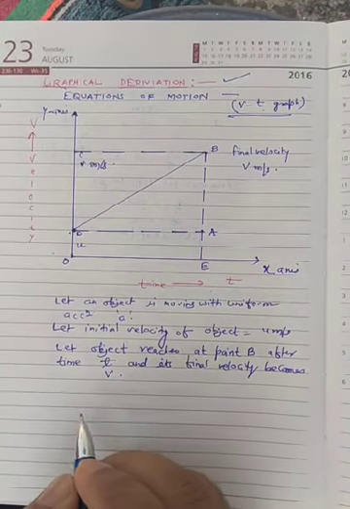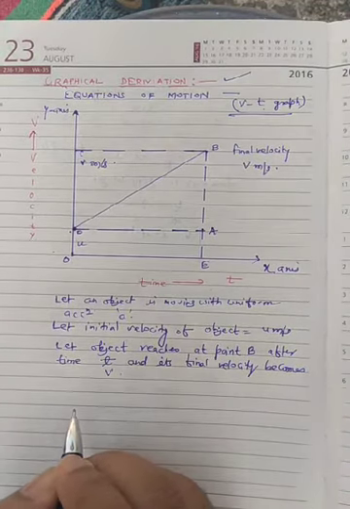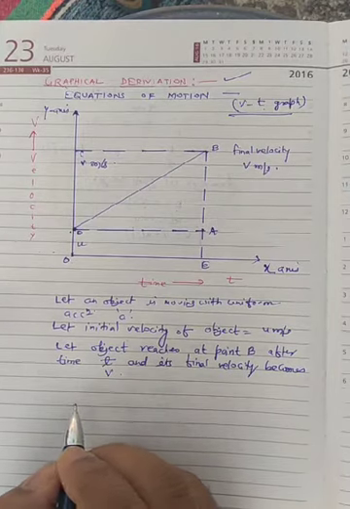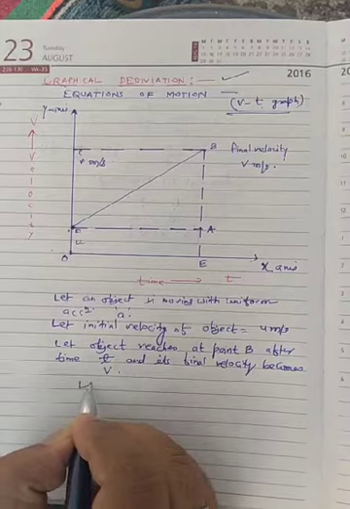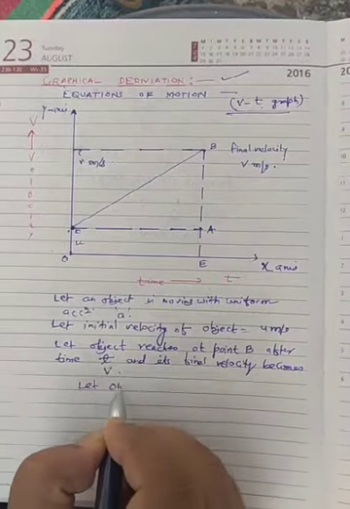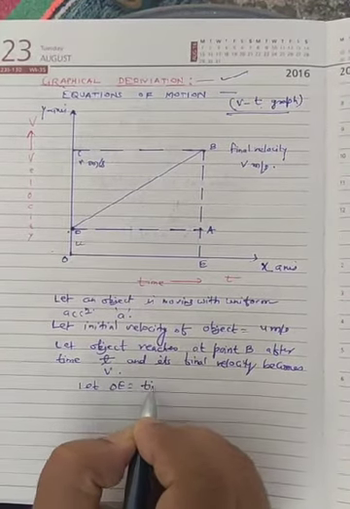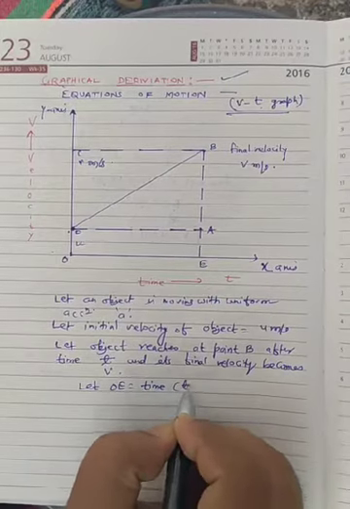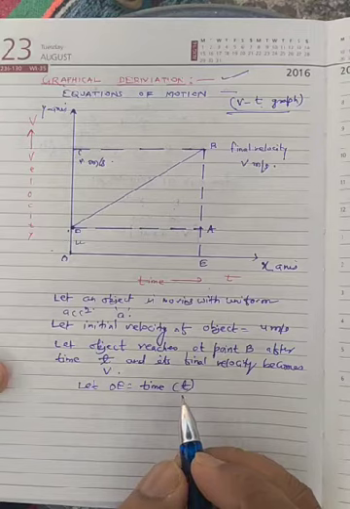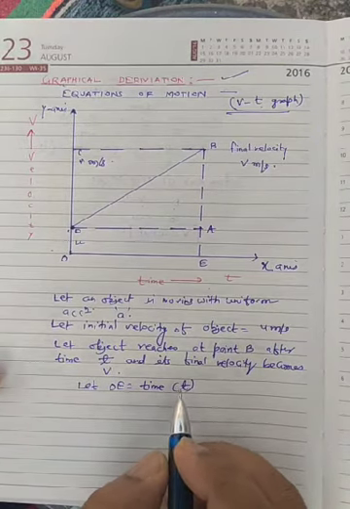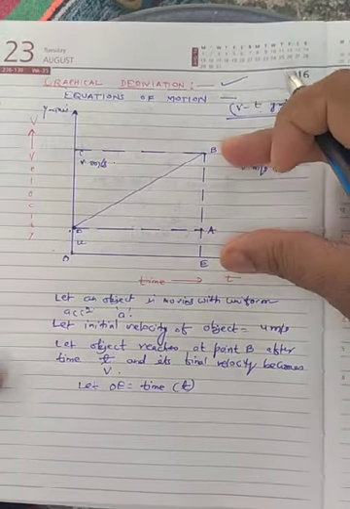All right. So now from the graph, what can we conclude here? From the graph, we can write let OE equal to time, which is t. Again, we can write from the graph BE. Can you see this?